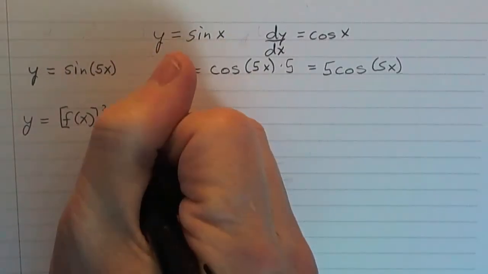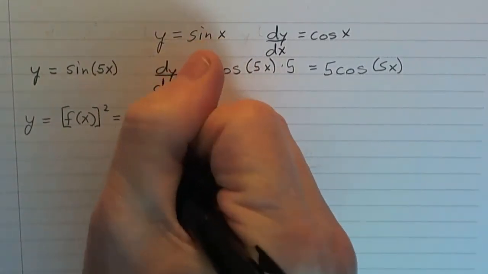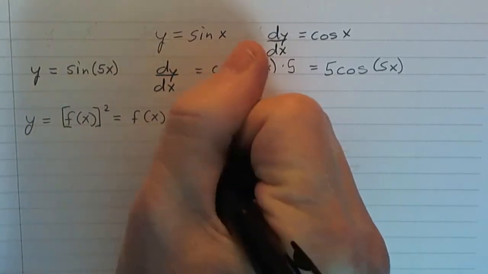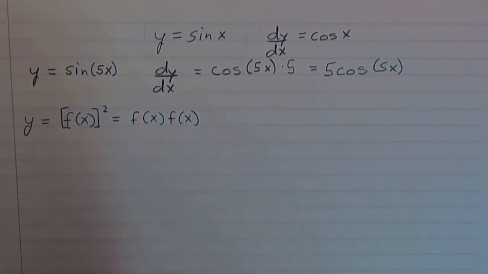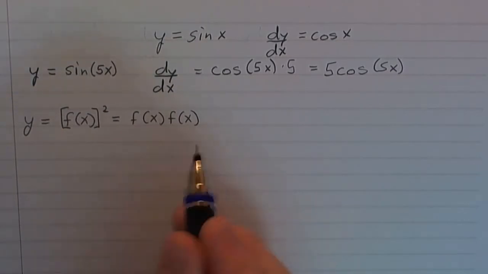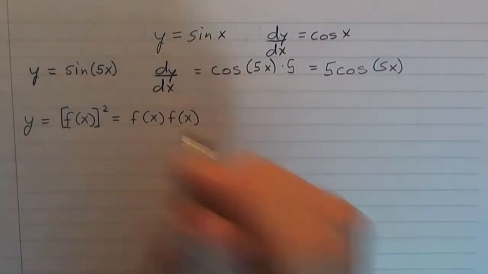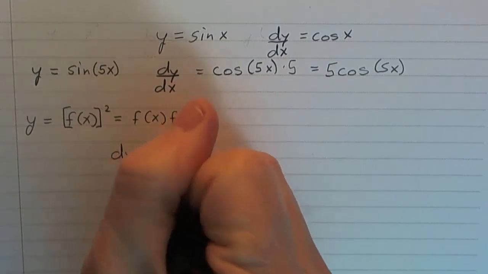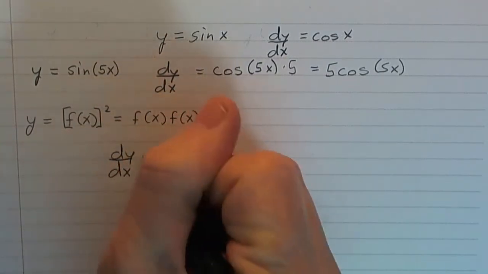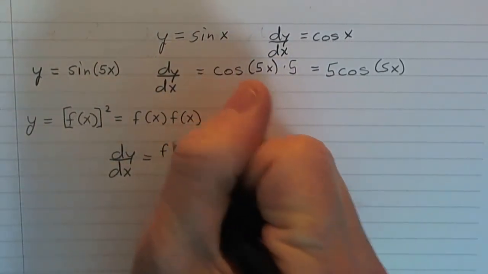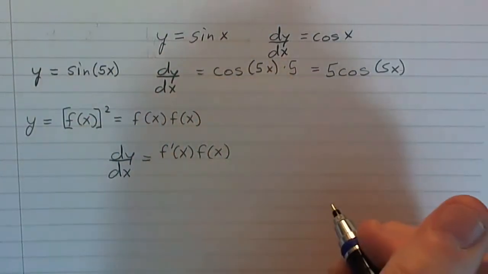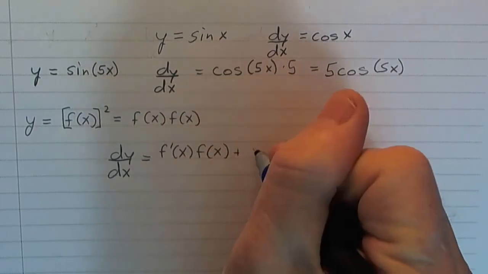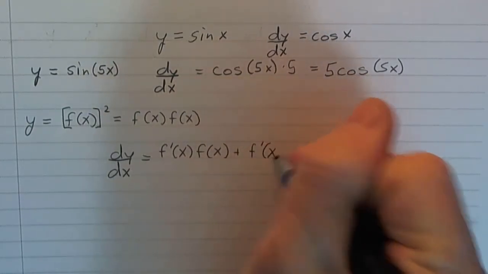Well, here's what I'm going to do. I'm just going to write this as f of x times f of x. Because this is a product, and I know how to find the derivative of a product by using the product rule. So I've got the derivative of the first times the second, plus the derivative of the second times the first.